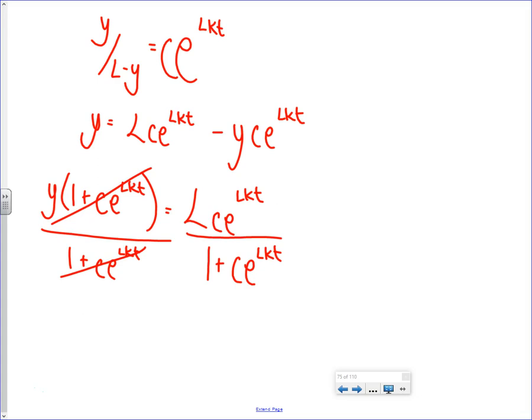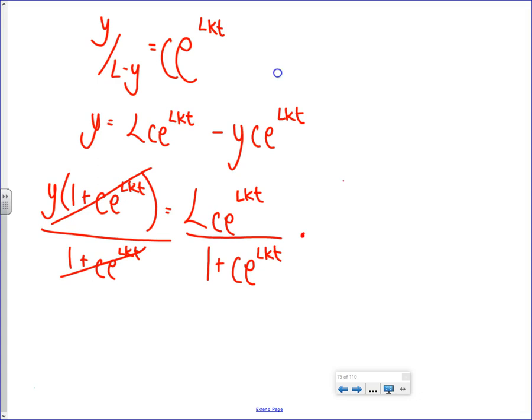Then I can divide. I added this to the other side, and I factored out a y. Now, it's a pretty good equation. It's not too bad, but do you see how to use this L k t? Do you see how there's kind of one on top and bottom?